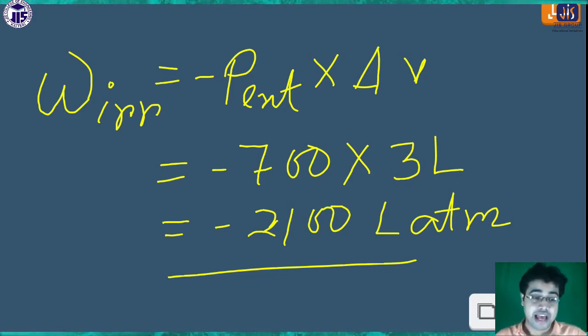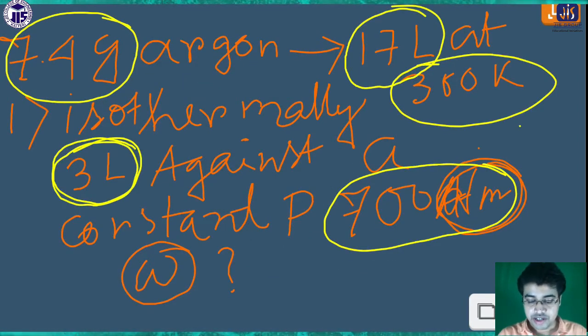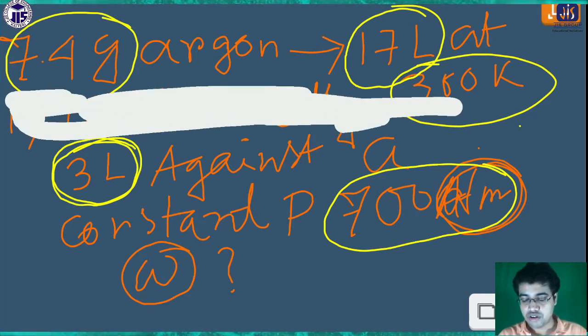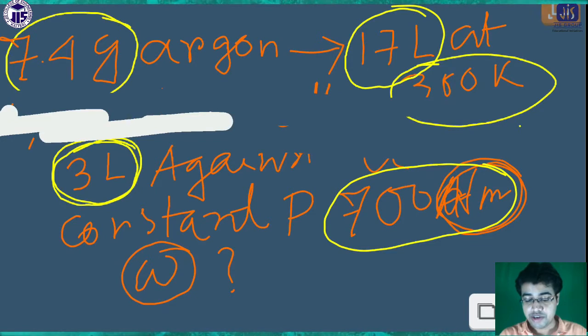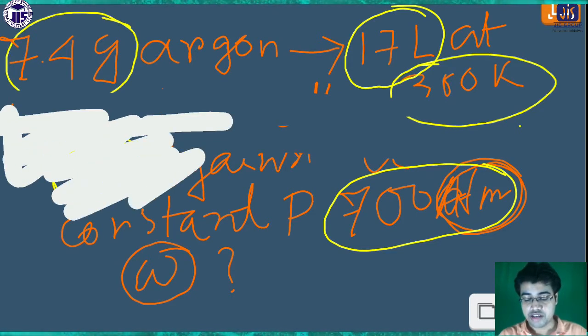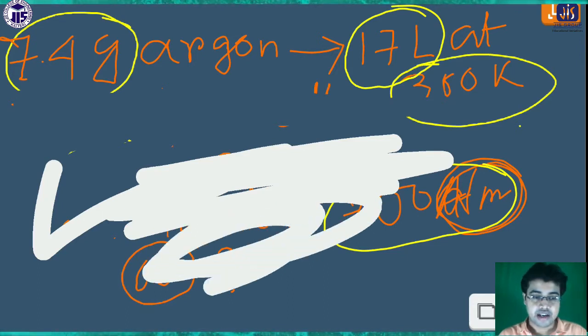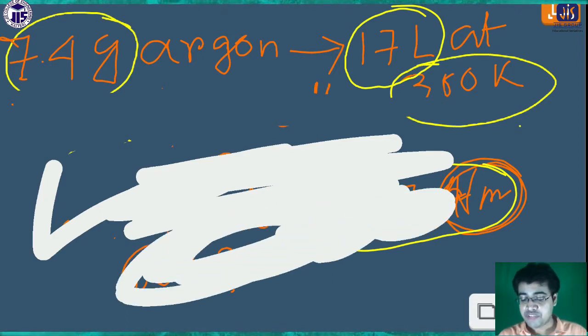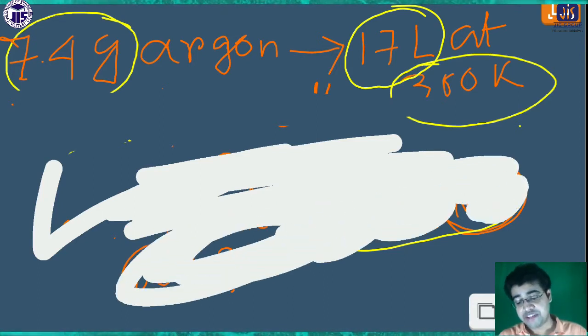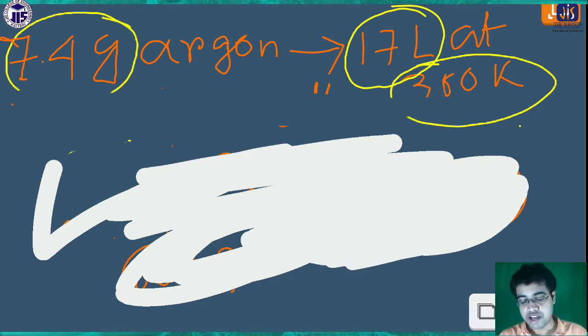And then there is another question. So what is the other question? The information is the same, but here in the second step it is not irreversible, it is reversible, because it is mentioned in the question that it expands against not constant pressure, but against variable pressure.